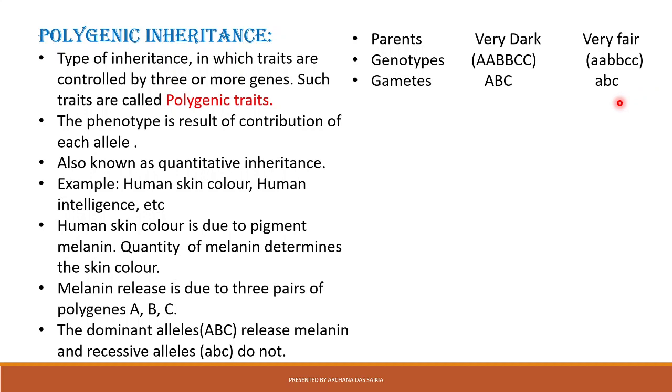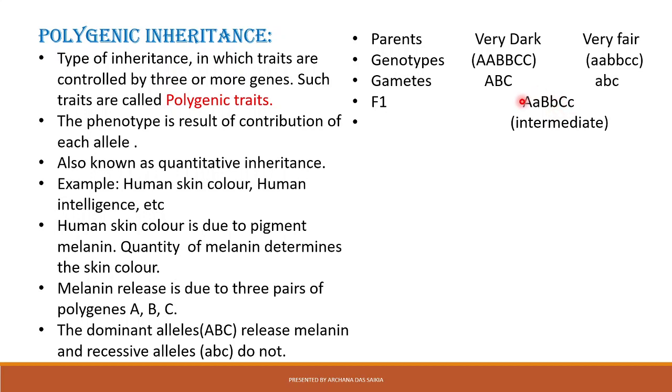So what will the F1 generation be? It will be heterozygous for all the three genes, and that gives an intermediate skin color. Here in this pair, A is releasing melanin but small a is not, B is releasing but small b is not, capital C is releasing but small c is not.